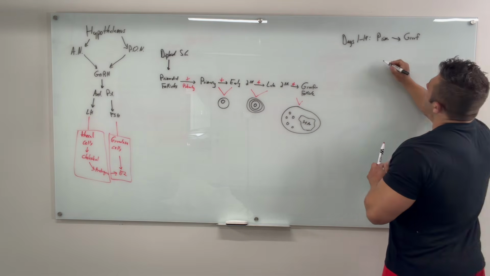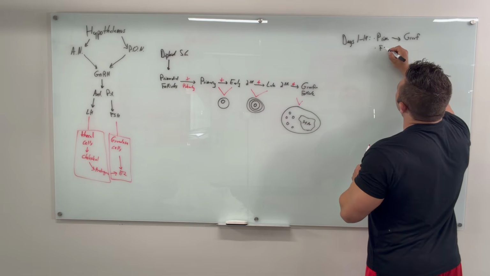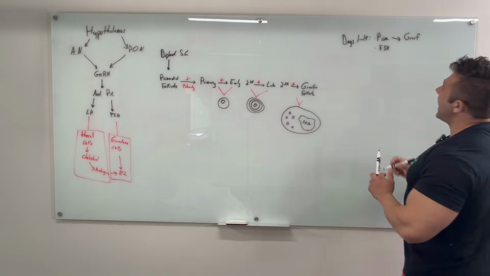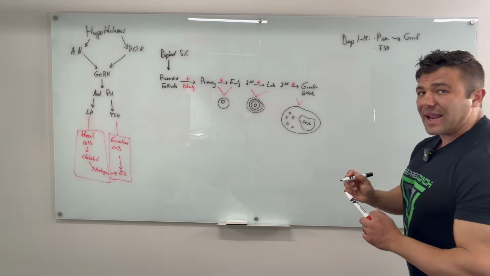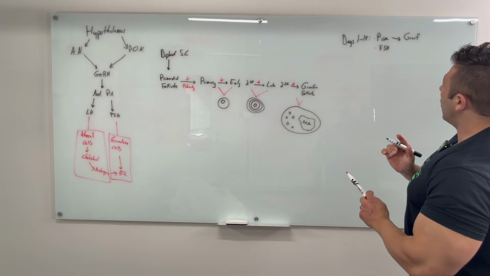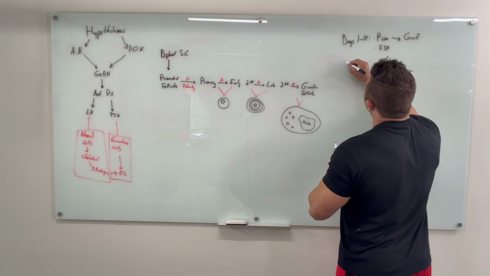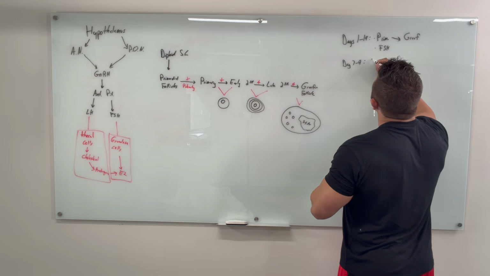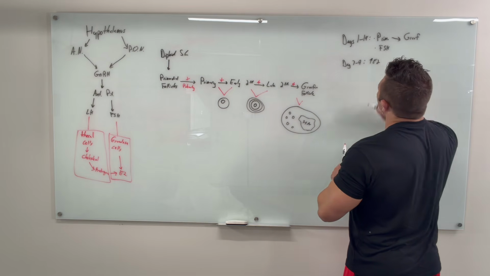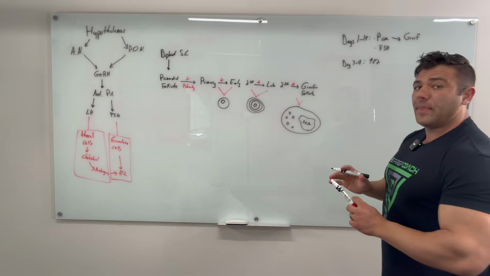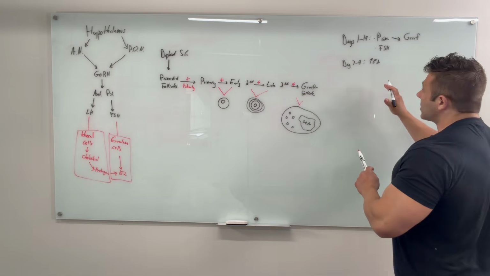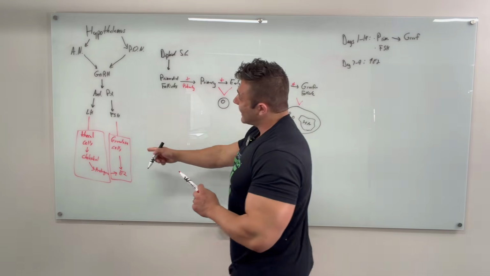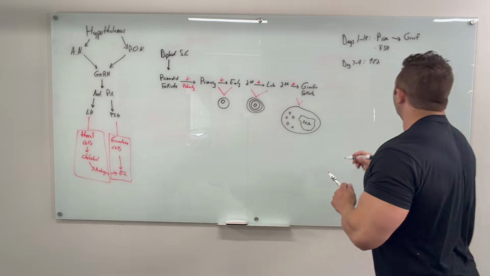What does that mean? That means this is primarily an FSH-dependent mechanism in cascade. Roughly, again, it depends on the female, but roughly days 7 through 9, we see that increase in estradiol. As we increase estradiol, that's going to go back over there and interact with the anterior pituitary.